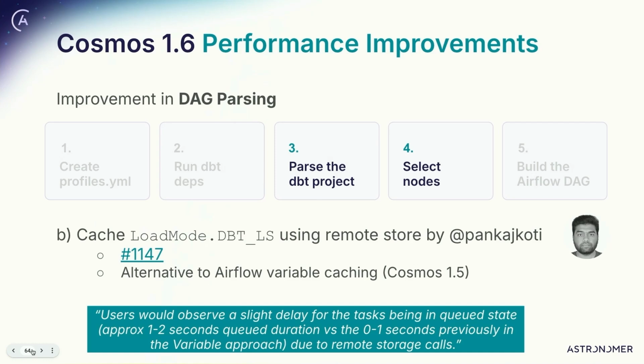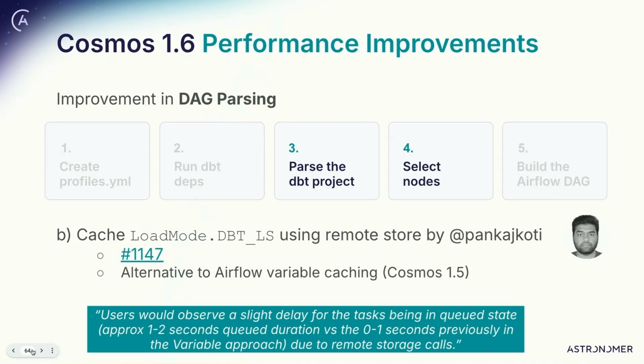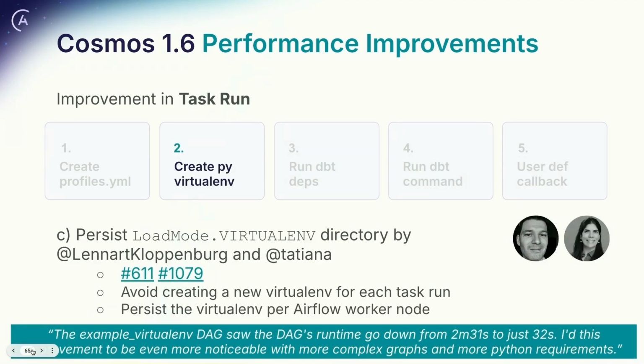That's an awesome solution, but sometimes you might not want to store it in the Airflow metadata database. So we are giving an alternative. This is not actually optimizing your speed, but it's optimizing your disk usage. It's saving you from exploding your metadata database. So with that, you can store your dbt-LS output in remote stores. That's about it. The next one, Tatiana, please.